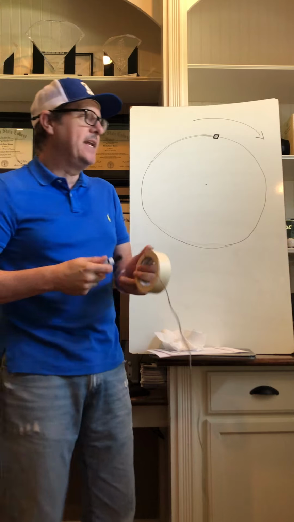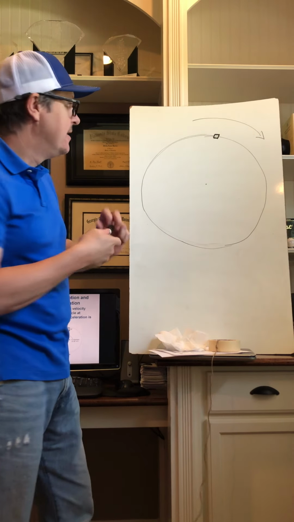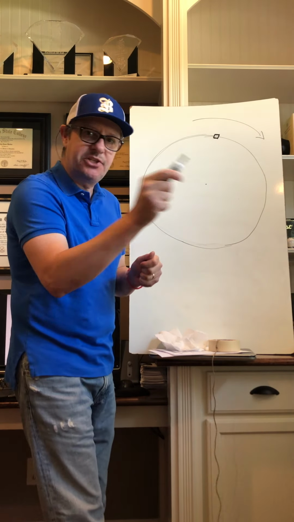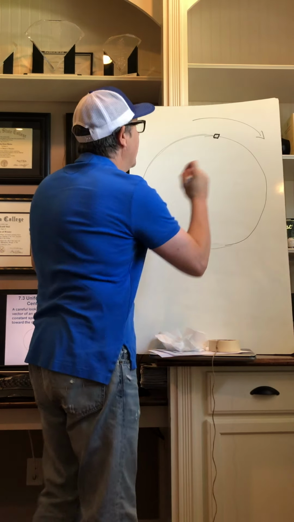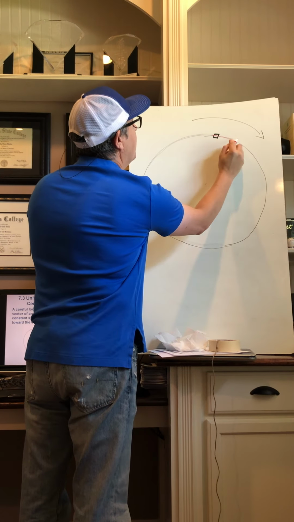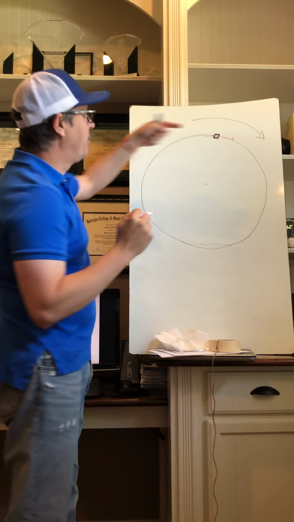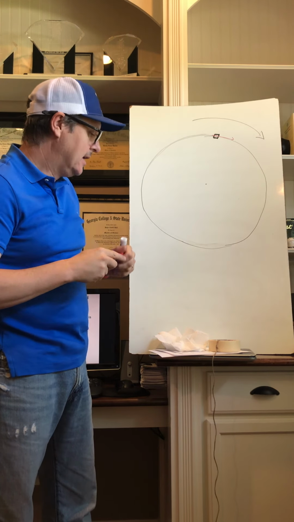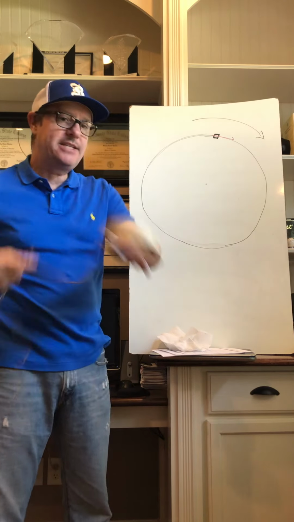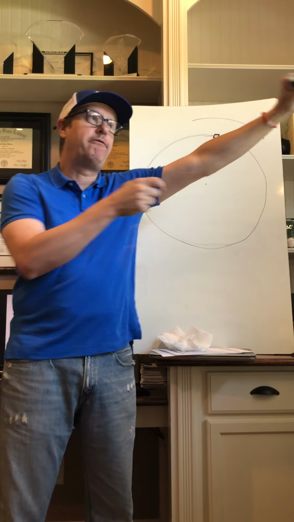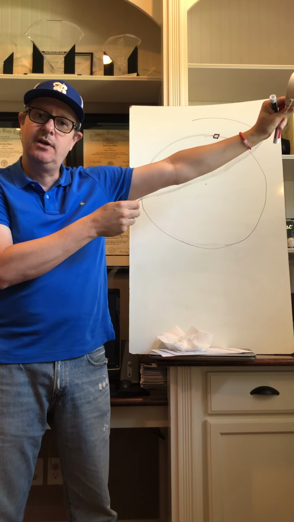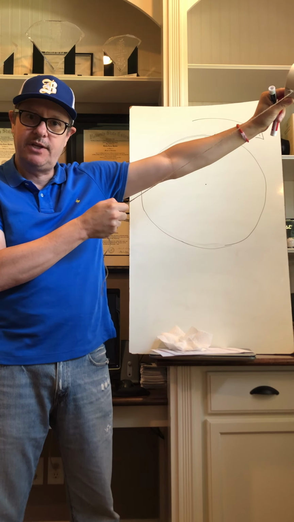So at any point in the path, this object, its velocity is changing direction. For example, I'll do it in color. At this point right here, its velocity is headed off in that direction right there. For example, if that tape got right here and I were to cut that string, it would go flying off in the direction of the velocity.